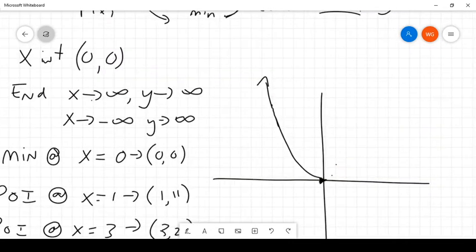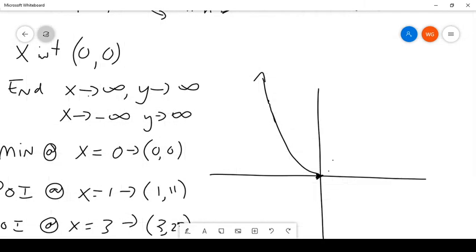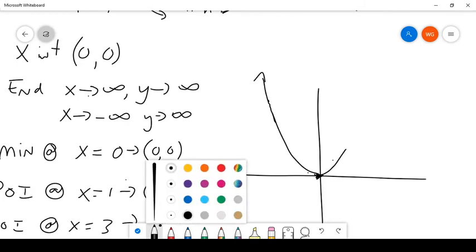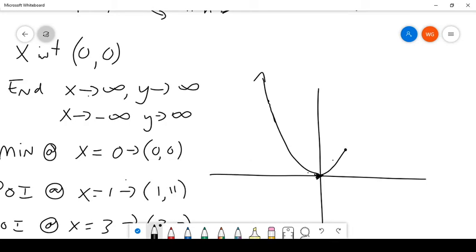So we'll turn our graph upwards, make that a little neater, and put a dot there to indicate our point of inflection, okay?